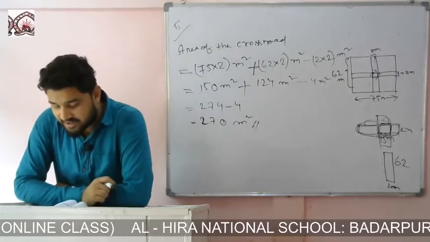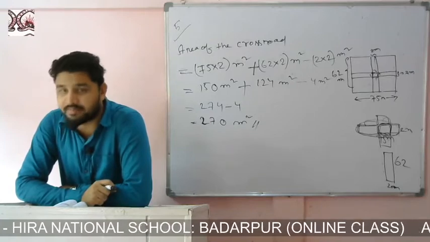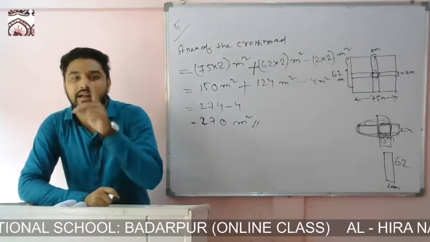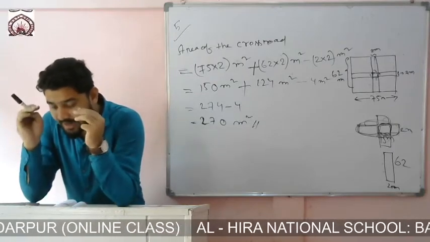You see question number 6: find the area of the shaded portion. All corners are right angles. That means all the corners are at right angles. Now we have to find the area of the shaded portion.